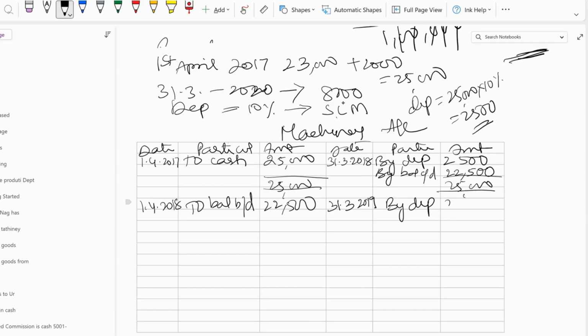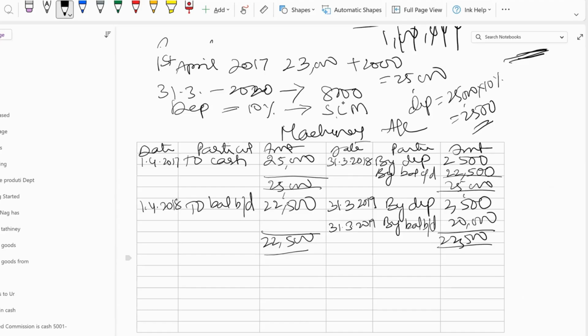So by depreciation is 2,500. So again, if you balance 22,500, same 22,500. Okay. From 22,500, if you remove 2,500, how much? 20,000. 2019 by balance brought down, it is 20,000.